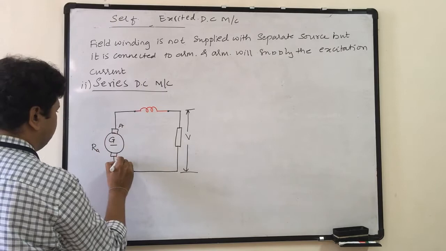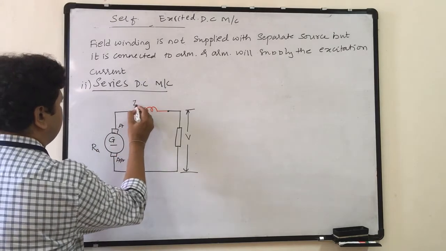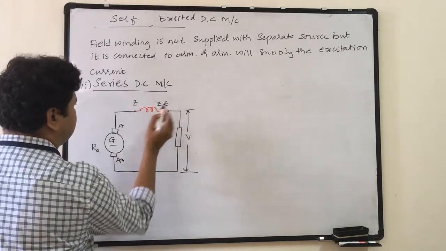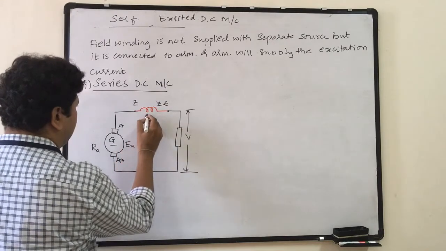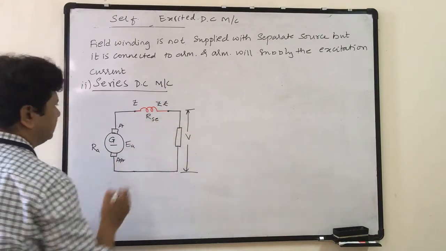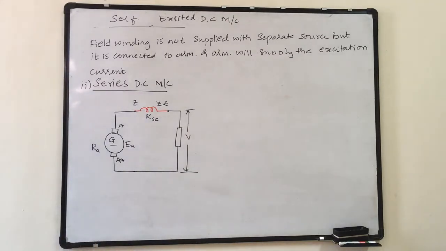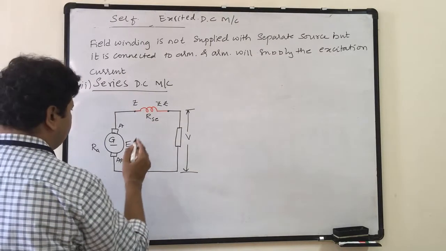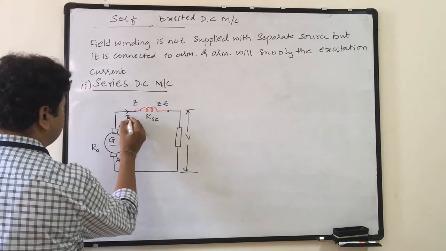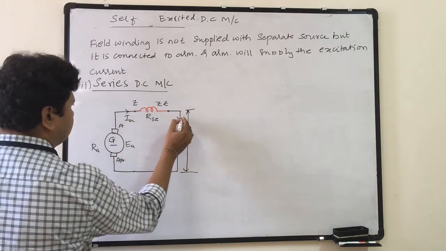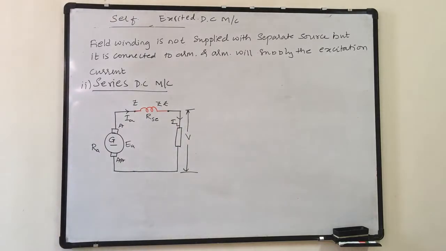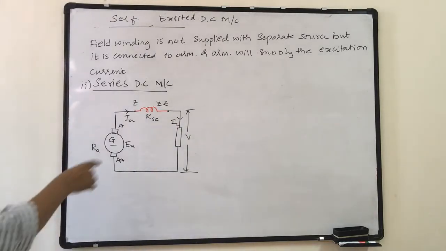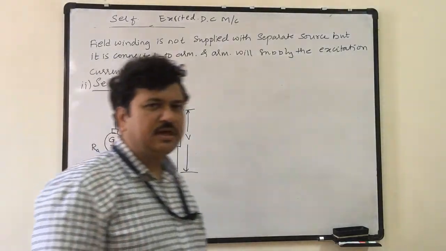This is A, Z, ZZ. It is EA, and it has got the resistance RSE. Let us take RSE, series resistance. Here the field winding is in series with the armature.